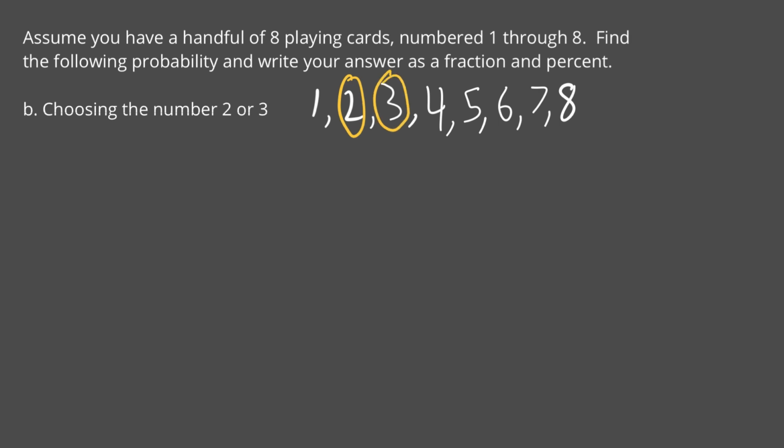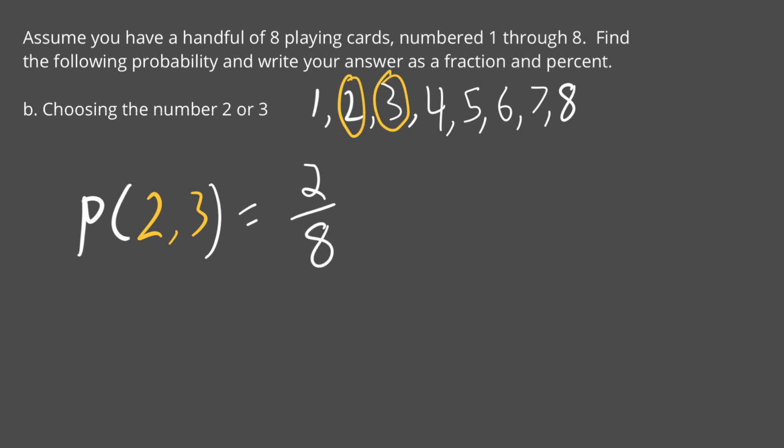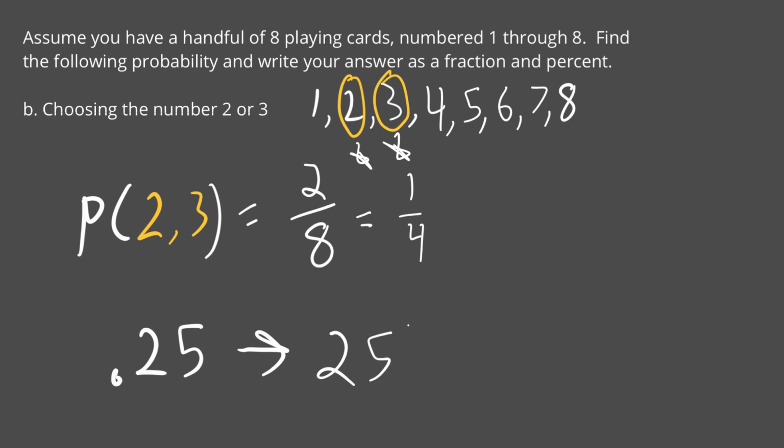So it's 2 or 3, which tells us that we have a probability of choosing the numbers 2 or 3, and that is going to be 2 out of 8, because again, we have 2 chances to draw those cards, and there are 8 total cards. We can simplify that to 1 over 4, and you may know from previous problems that 1 over 4 is the same thing as 0.25 or 25%.